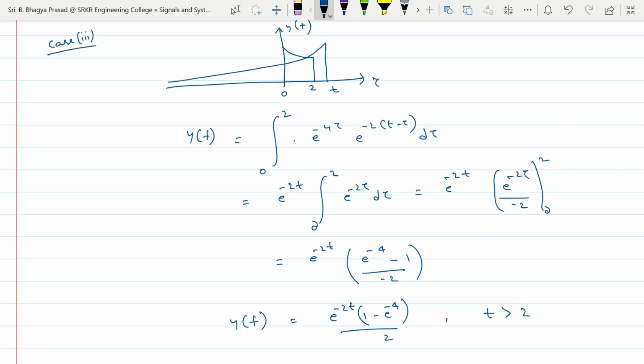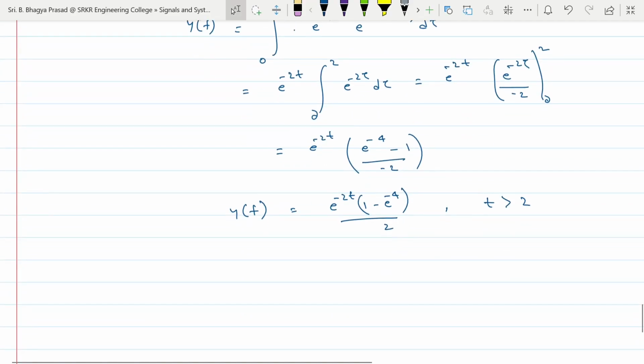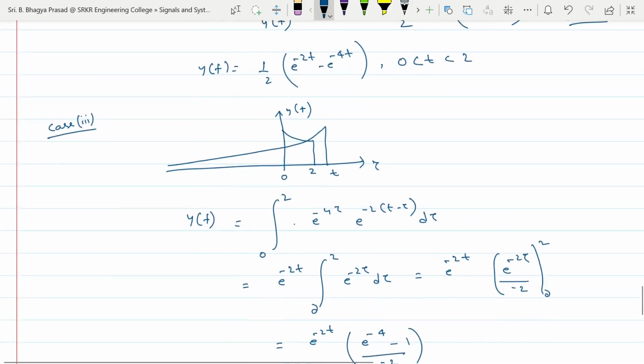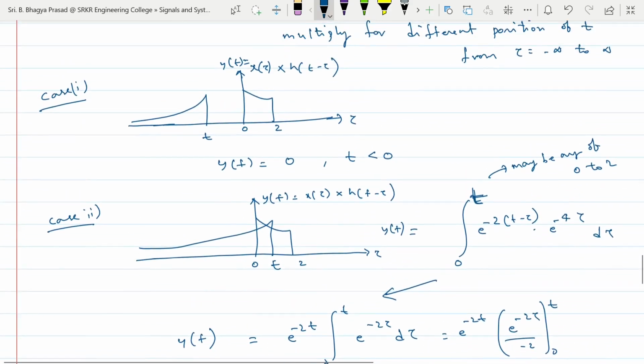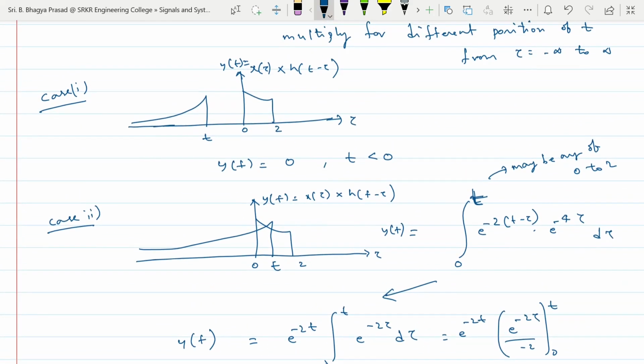So the consolidated output, y of t, has three cases. It is 0 for t less than 0, where there is no overlapping.